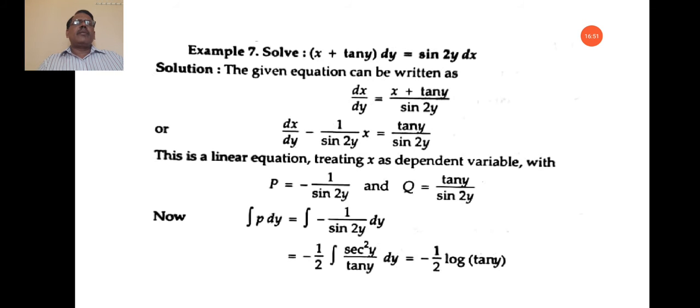On integrating we have log of tan y, because the derivative of tan y is secant square y, which is in the numerator. Therefore the integration is log of the denominator. Therefore minus 1 by 2 into log of tan y is the integral of p dy.